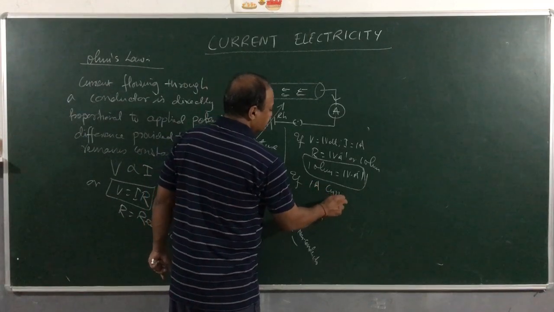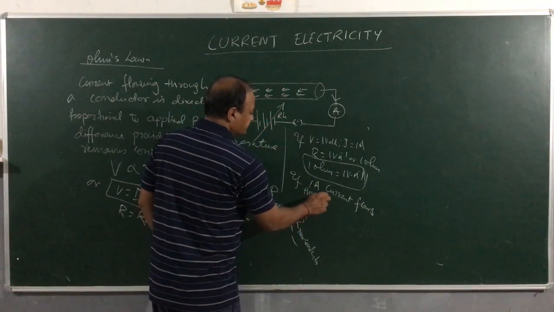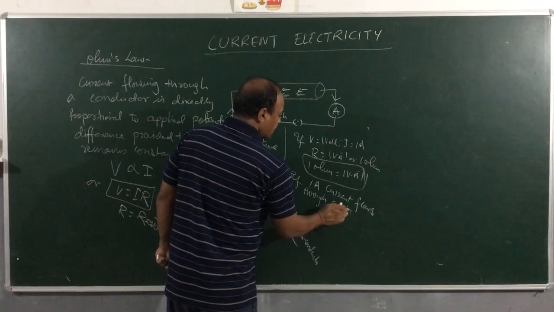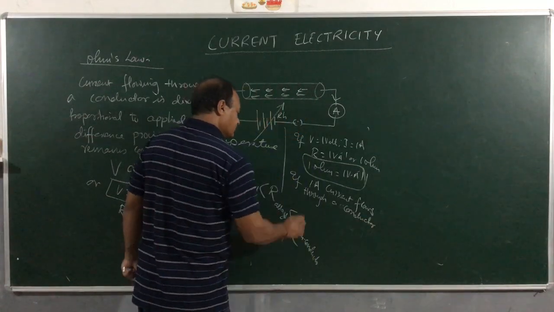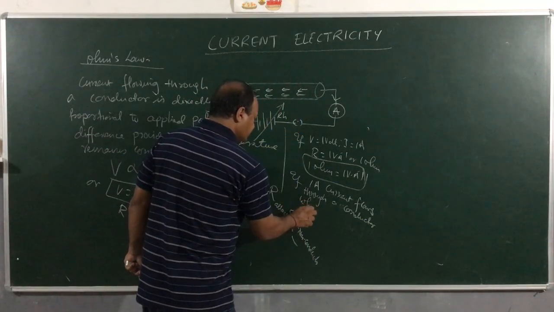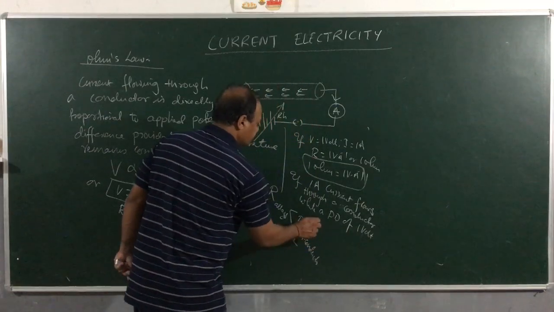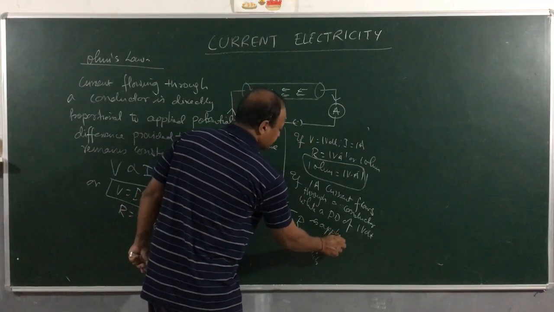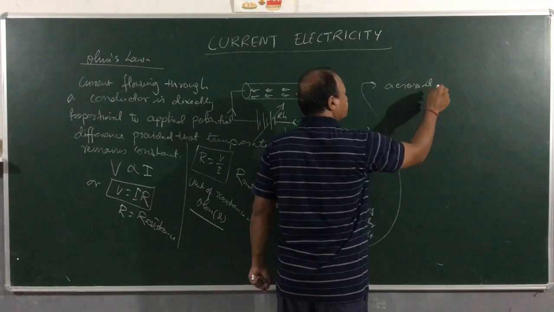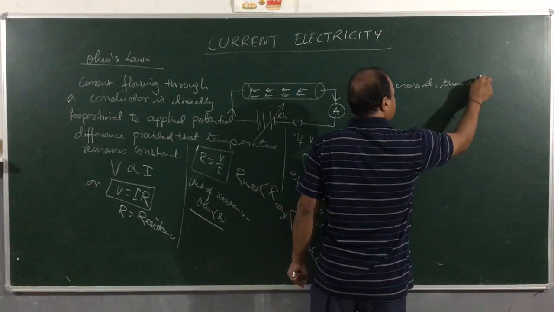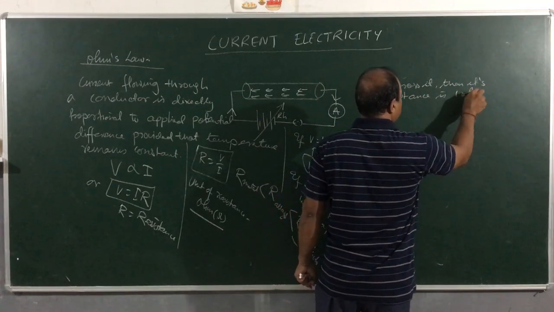If 1 ampere current flows through a conductor while a potential difference of 1 volt is applied across it, then its resistance is 1 ohm.